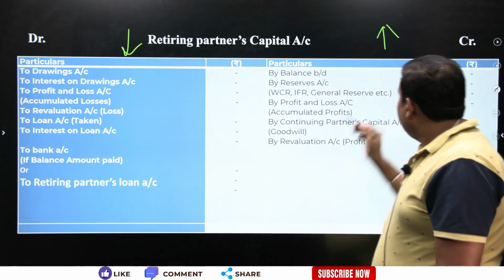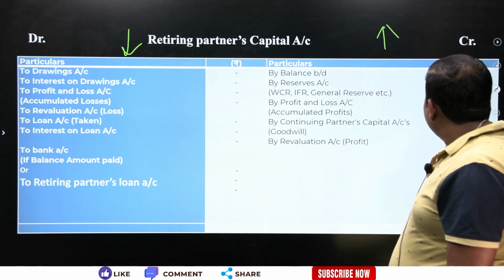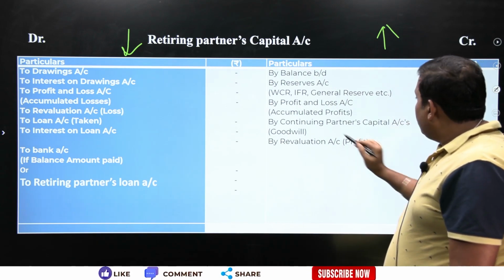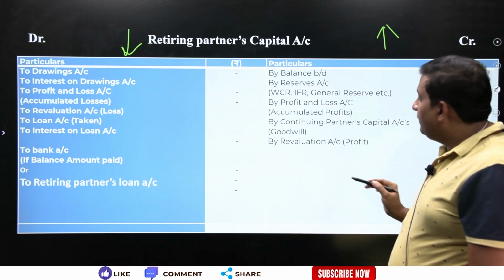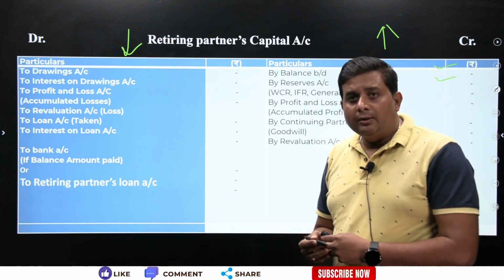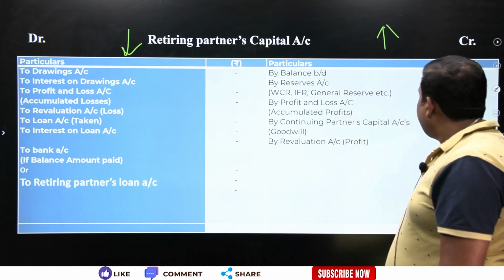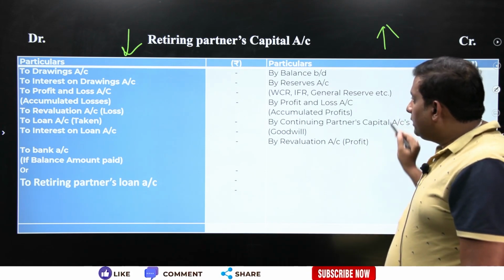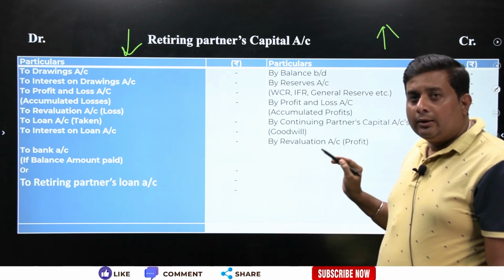Accumulated profits and reserves we have posted, and revaluation profit we have given, and whatever adjustment of goodwill is there, that adjustment has to be made, and all these things have to be posted into the credit side.